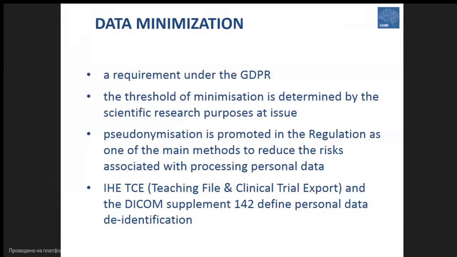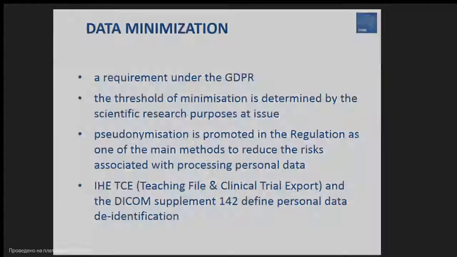There is a principle in the global data protection regulation of data minimization. It means that for scientific or research purposes, two methods can be applied, which are pseudonymization and anonymization, to reduce the patient data and to protect the patients' identity.